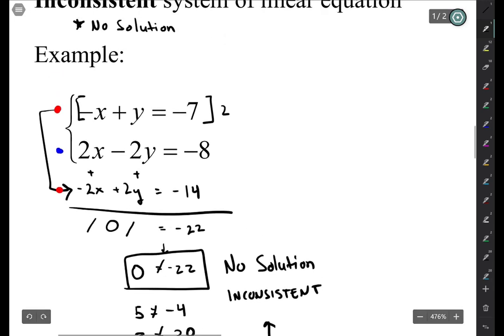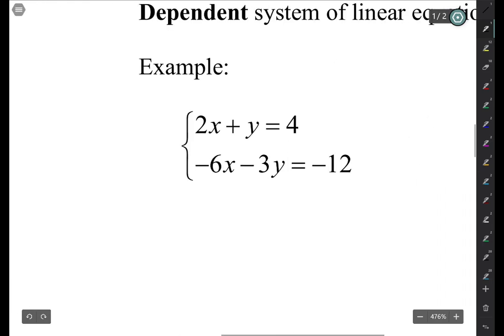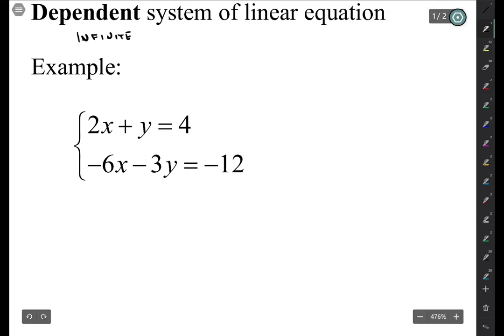Okay. On the flip side, we have a dependent or infinite solution system. And what that will look like, let's use the substitution method on this one. Why not? Again, you can use either one you'd like. So I'm going to rewrite y equals negative 2x plus 4.